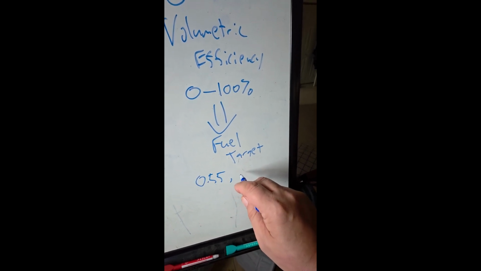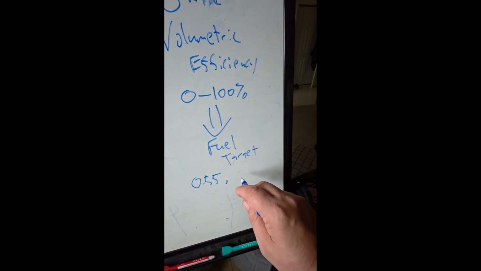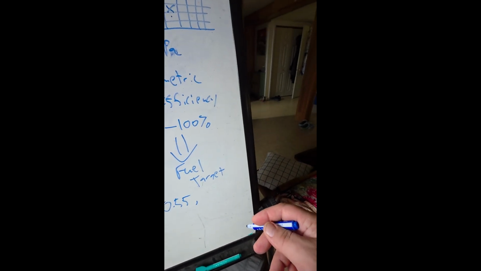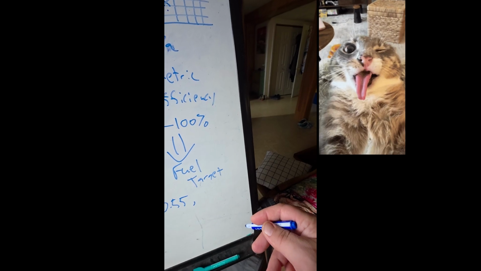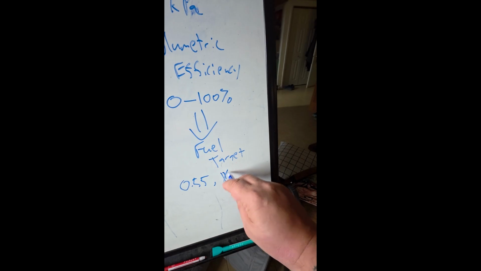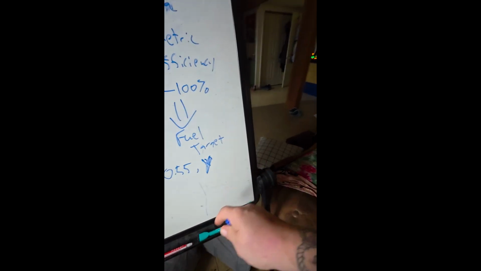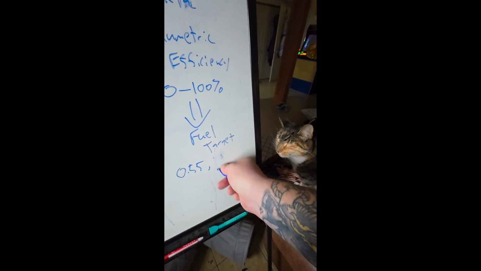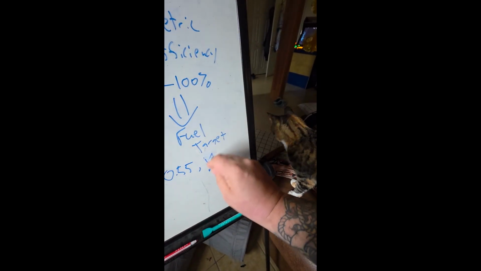And with that, I want to have, how much fuel would I need? Do you know? We'll call it Y. Not that it matters. It's a whiteboard exercise. Y fuel.